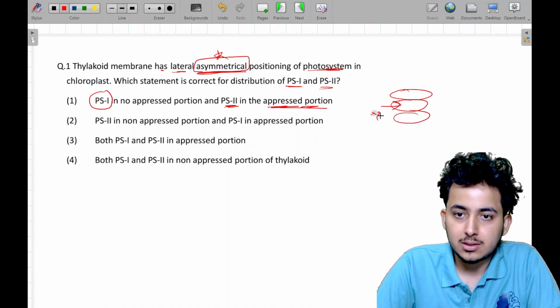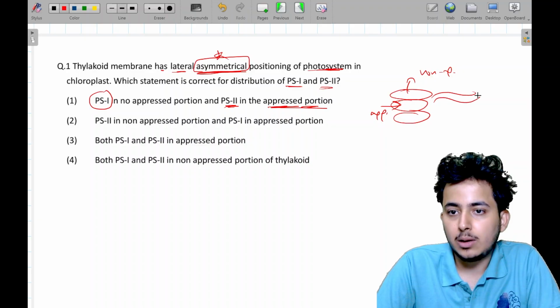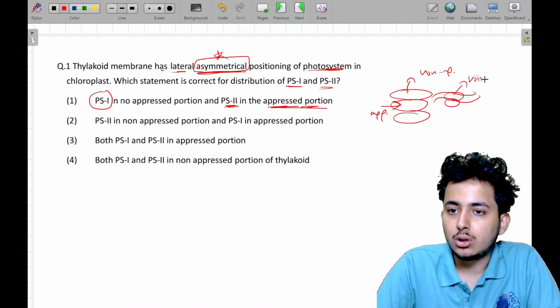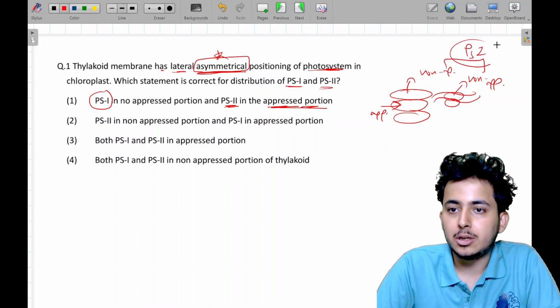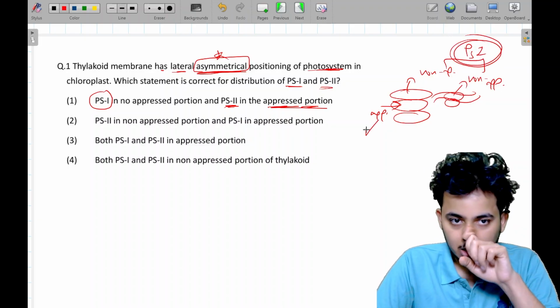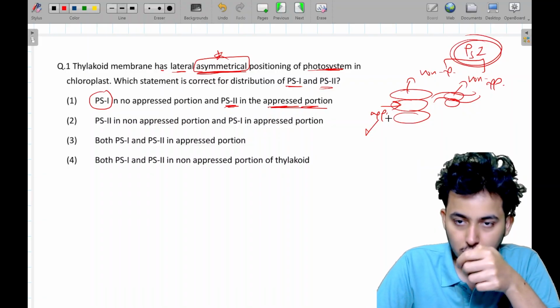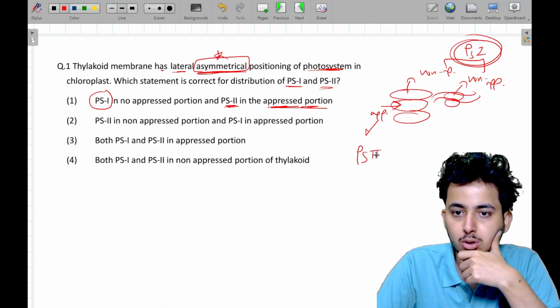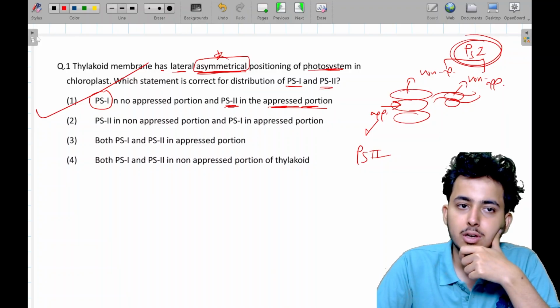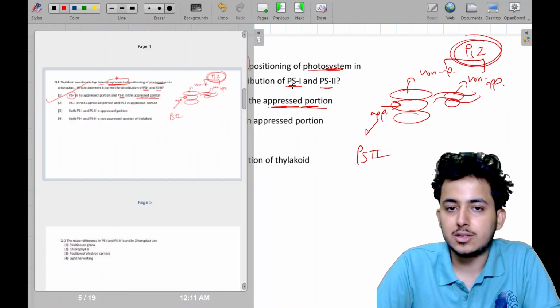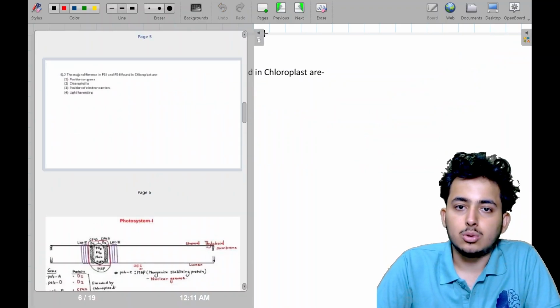This is the appressed, this is the non-appressed. And the stroma lamellae, the thylakoids which are there, are also non-appressed. So here you always have higher abundance of PS1, and in the appressed you have the abundance of PS2. So basically the first is your correct answer. That is how you answer the questions.